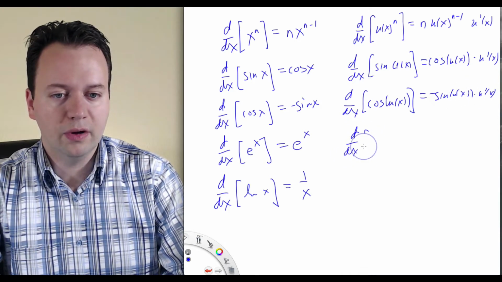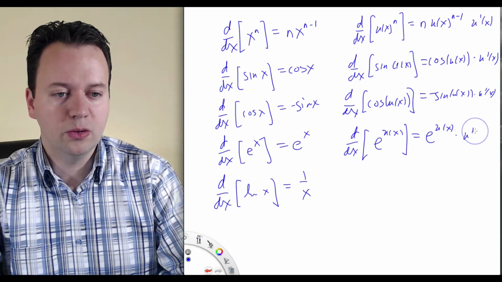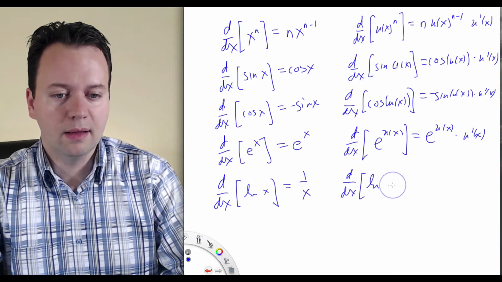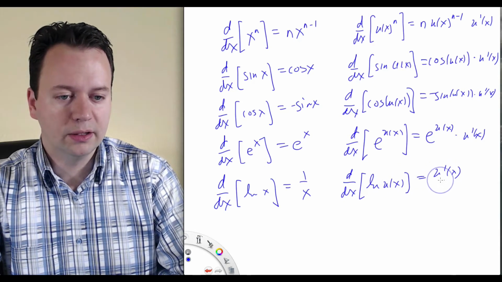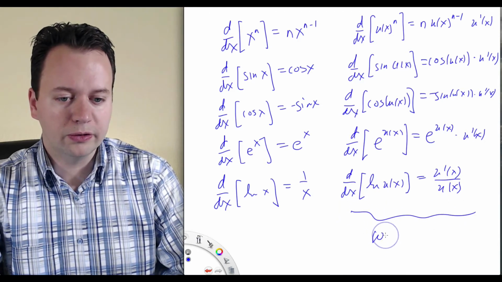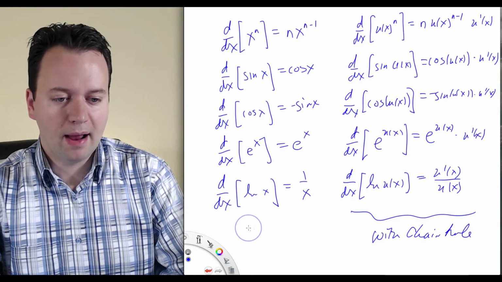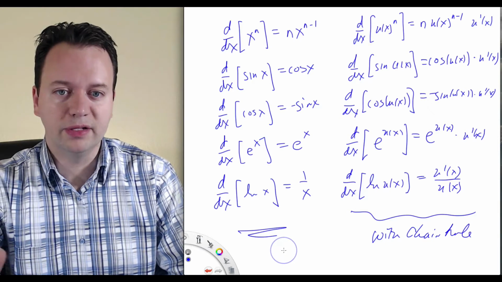The derivative of e to the u of x was just equal to e to the u of x times u prime of x. And then finally the derivative of the ln of u of x was equal to u prime of x over u of x. So these were the derivative rules with the chain rule. And then these were just the basic derivative rules by themselves.